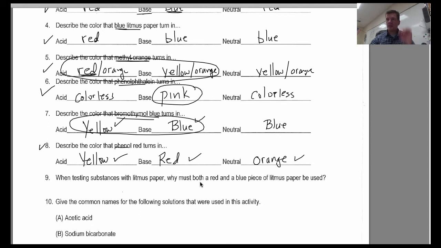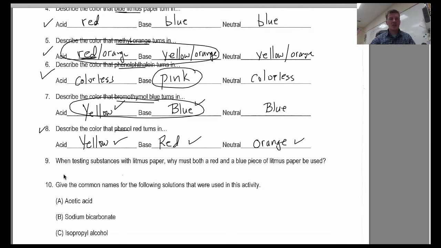Number 9 says, when testing substances with litmus paper, why must both a red and a blue piece of litmus paper be used? Well, for an acid, the blue turned red. But for a base, the red turned blue.